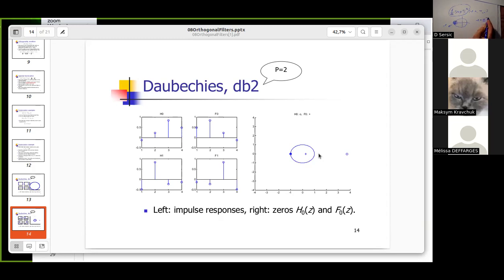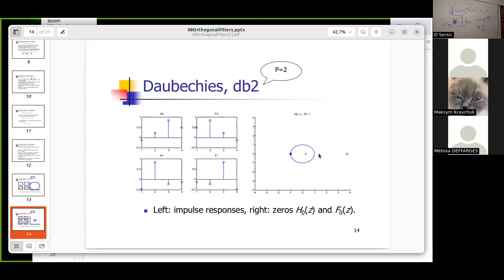-1 is also e to the minus j pi. So this is the position of -1 in the complex domain, and you have 4 of them here. Orthogonal factorization means that 2 zeros go to one side and 2 zeros go to the other side. What happens to the Q part?